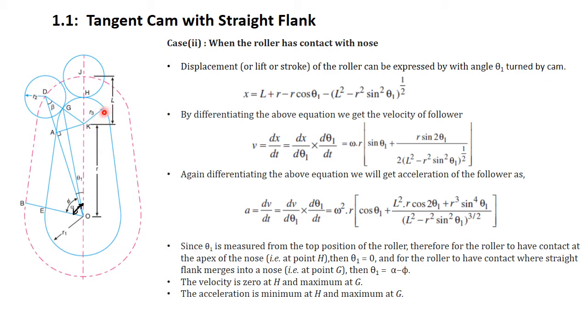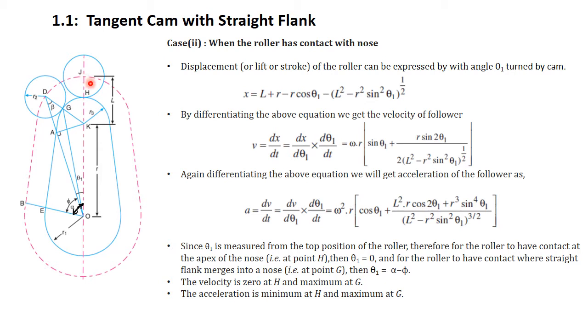R3 is the radius of the nose, and L is the distance between K and J, that is the center of the nose and the center of the roller of the follower. Okay.